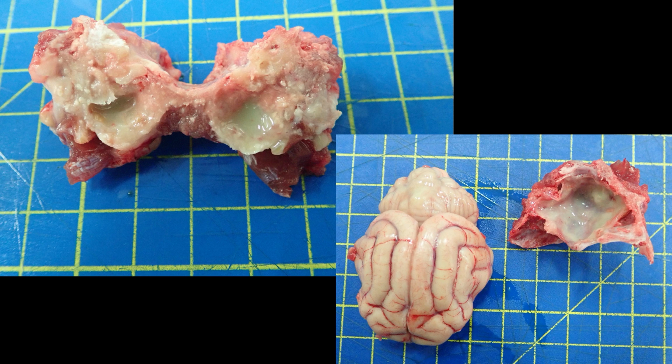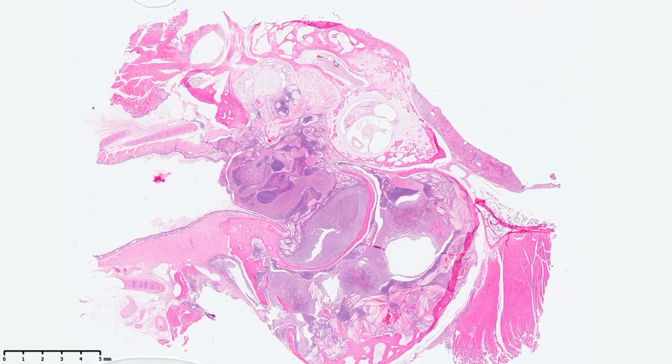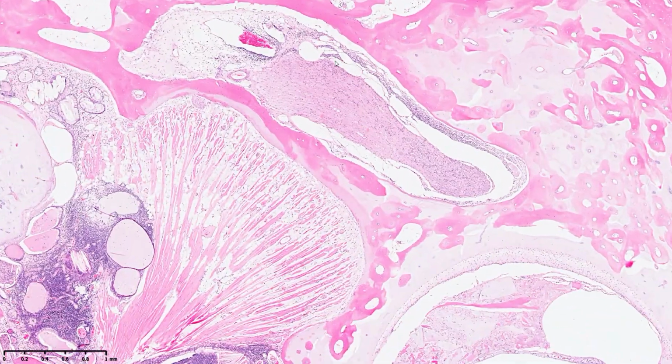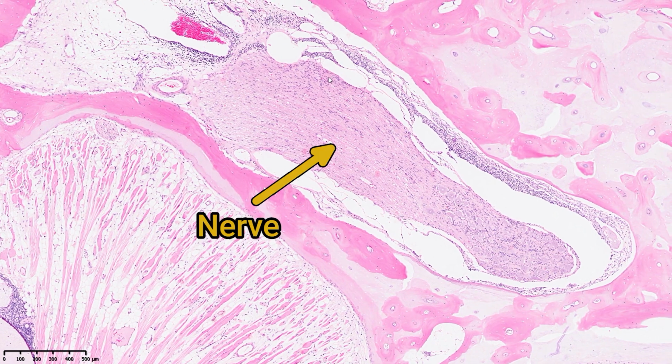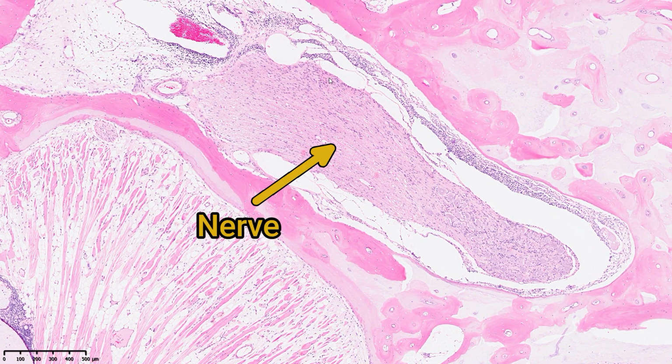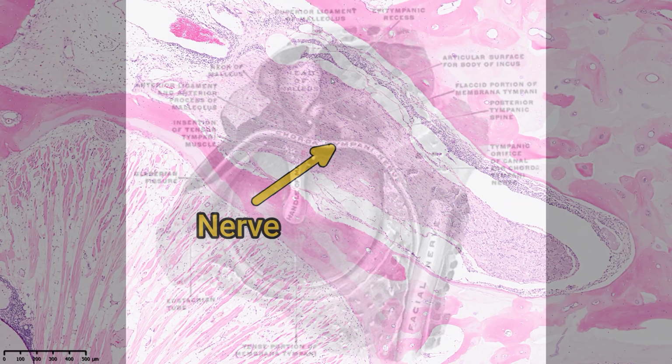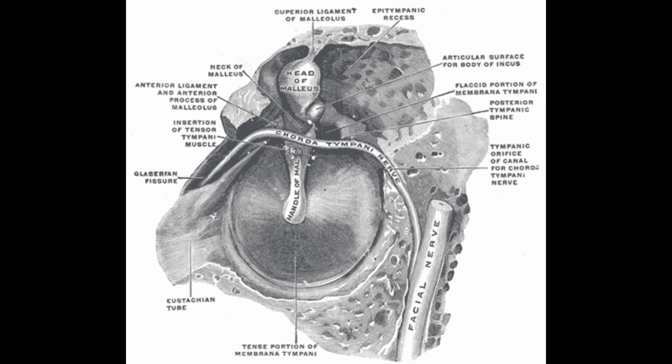The most likely scenario is that the bacteria spread from the middle ear to the brain. And how did the infection get from the ear to the brain? If we go back to our section of the ear, we can find the answer. In one corner of the slide, there's a large nerve. Both the facial nerve and the chorda tympani, a smaller nerve, pass close to or through the middle ear before connecting to the brain.